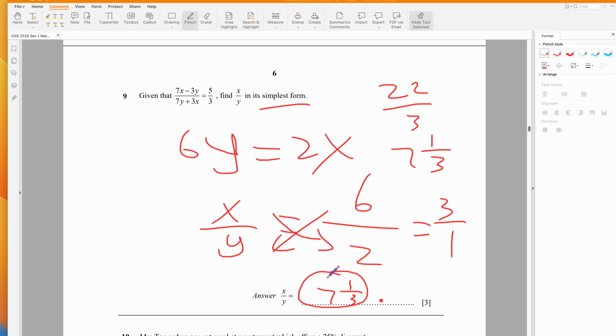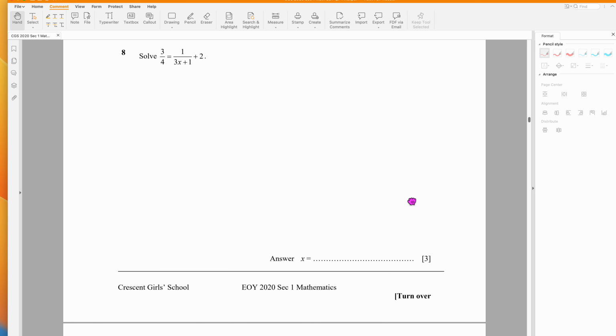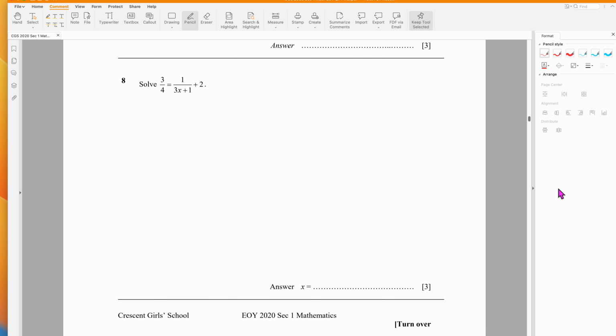For improper fractions, I always ask students to put it in proper form. Let's say you have 3 over 2, the answer should be 1.5 or 1 and 1/2. So remember, otherwise you get penalized for 1 mark. Okay, this one.